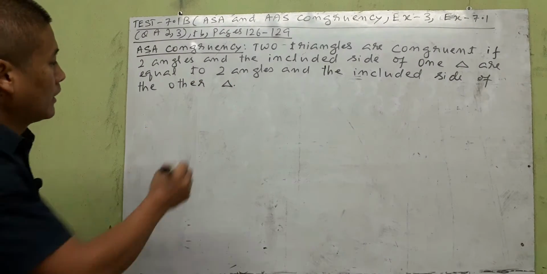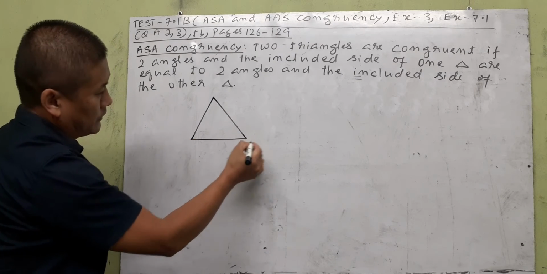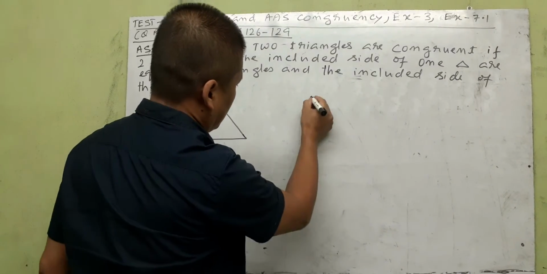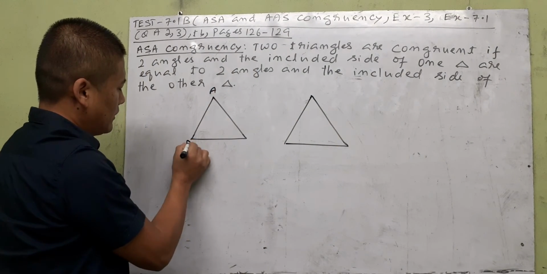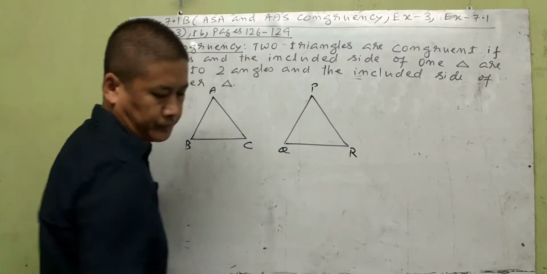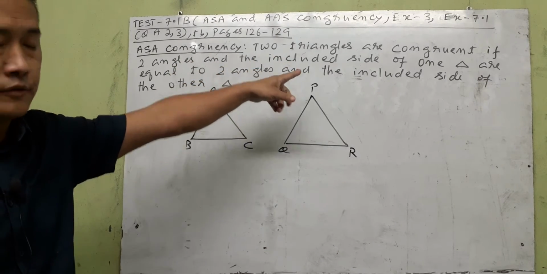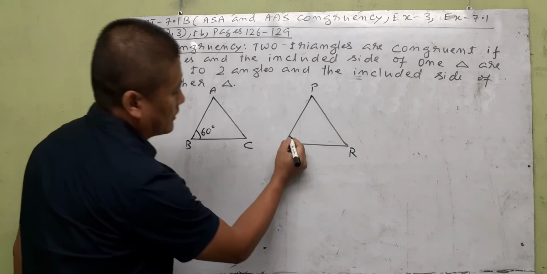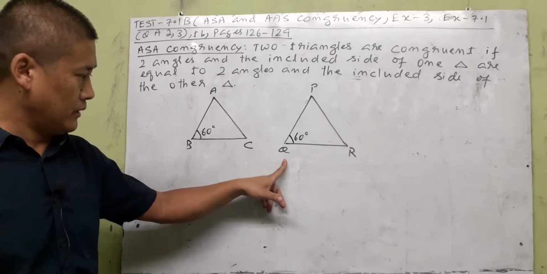Let us just take a case that makes it easy for us here. Suppose you have two triangles. This is an assumption, so you just draw that. This is ABC and this is PQR. Say two angles and one included side: angle B is 60 and angle Q is 60, so they are equal.